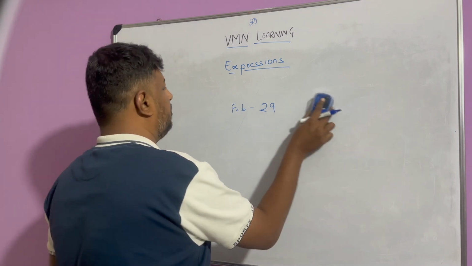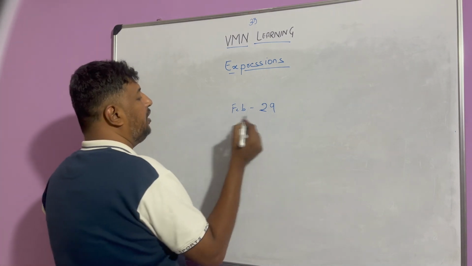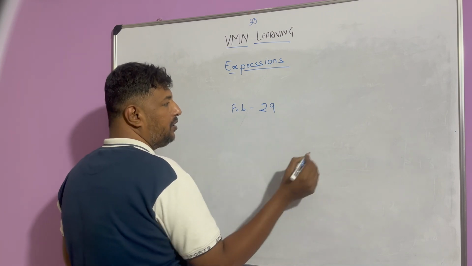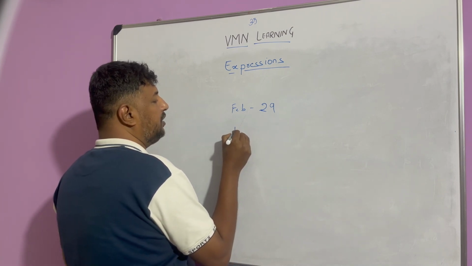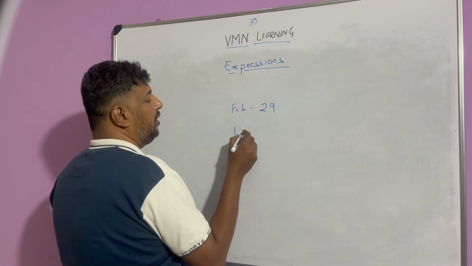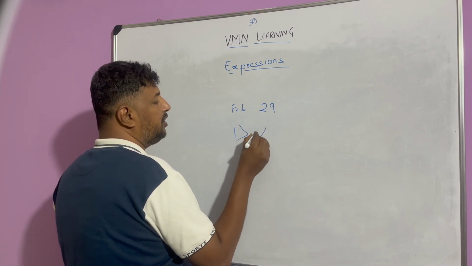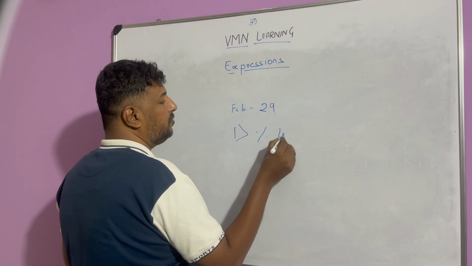So let's see what the conditions are. The first condition is that it should be divisible by 4.